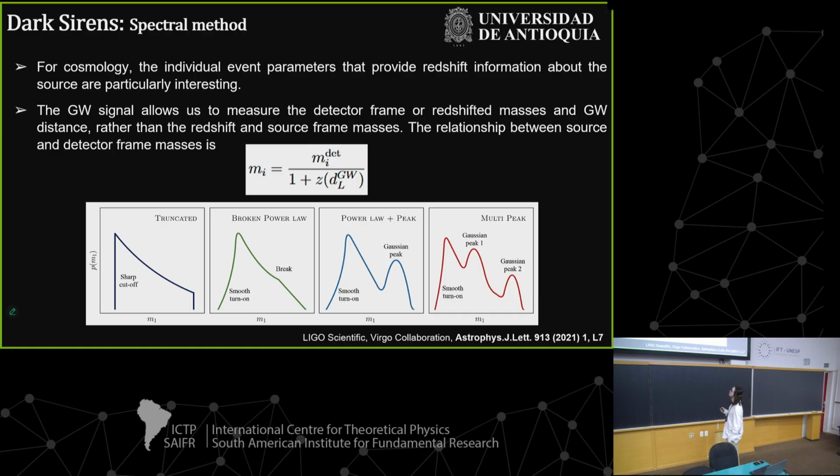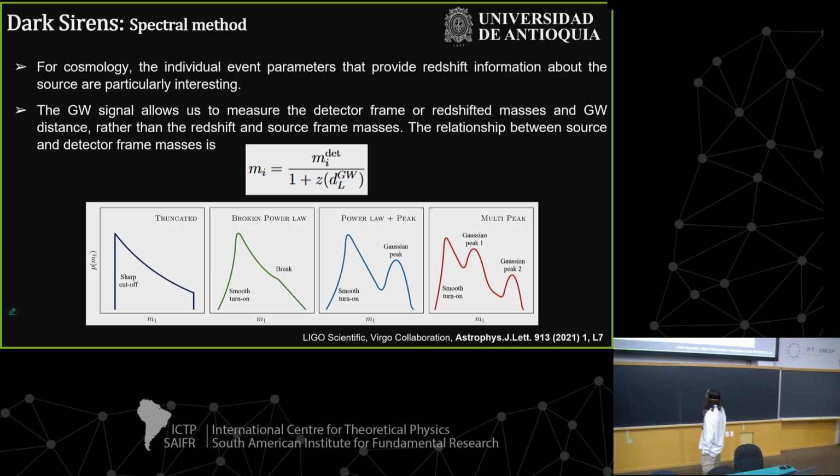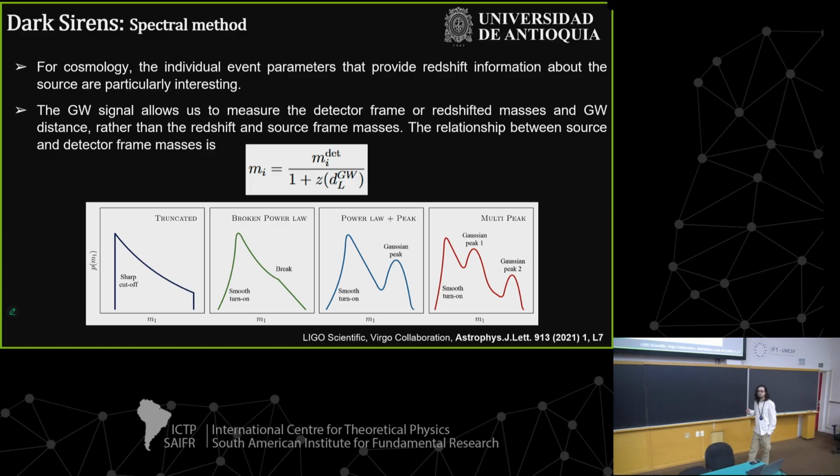There are two masses for a binary system, and the two source frame masses are related to the detector frame masses through the redshift of the source. Then, if you have a statistically significant number of events, you can do cosmology using some assumed mass distribution for the source frame masses of the CBC population.